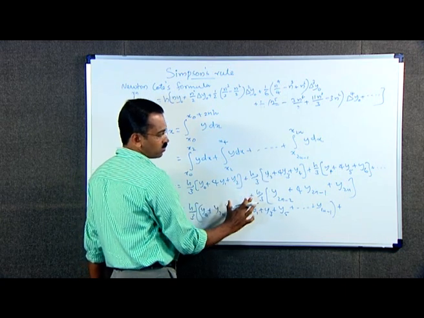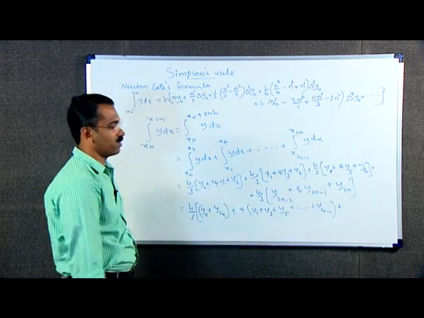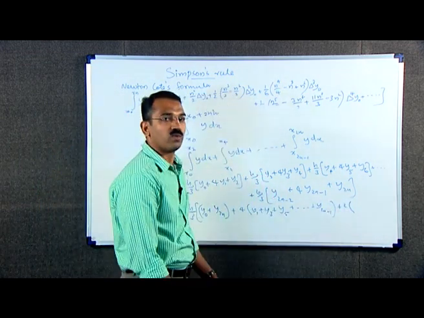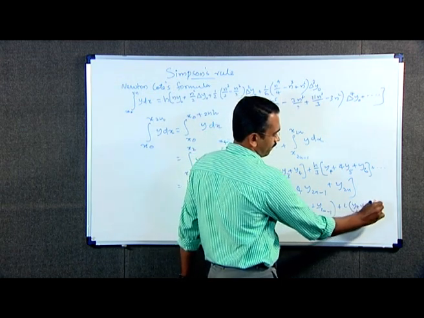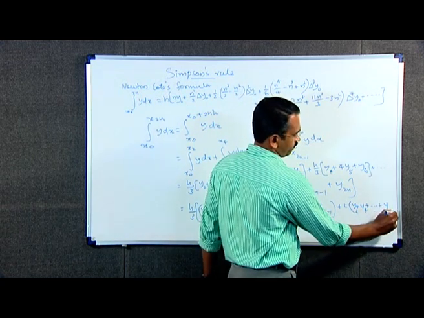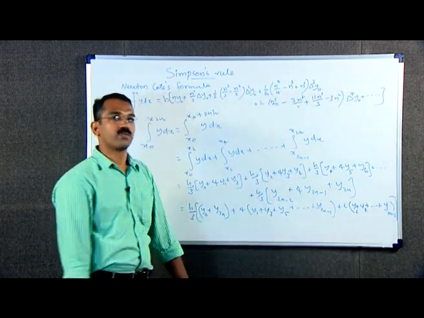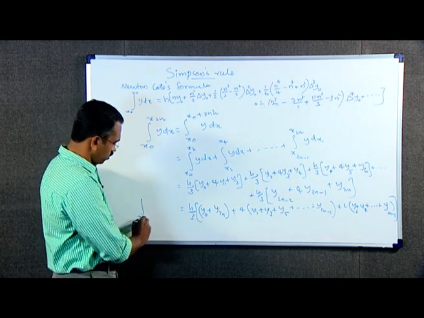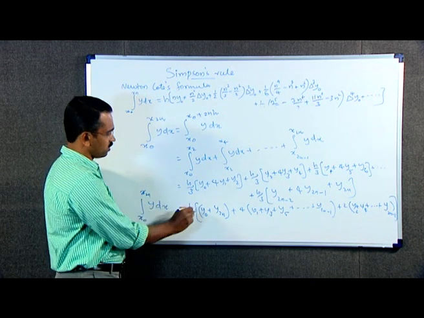Therefore, 2 times y2. Similarly, 2 times y4 etc. Therefore, plus 2 into (y2 plus y4 plus etc. plus y2n minus 2). That is, integral from x0 to x2n of y dx is equal to this.